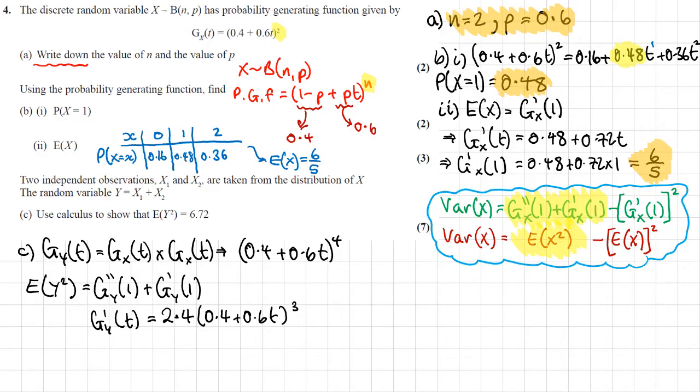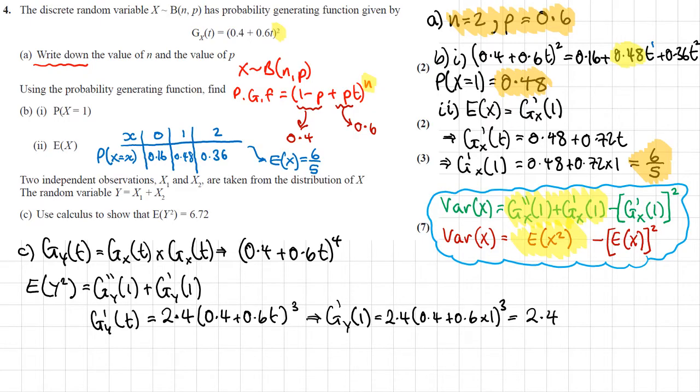With 1 substituted into it, that's 2.4 times (0.4 plus 0.6 times 1) cubed. This bit in the bracket is just going to be 1, so we just get 2.4.